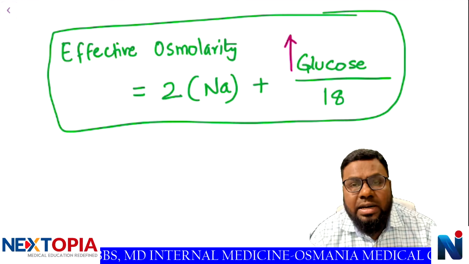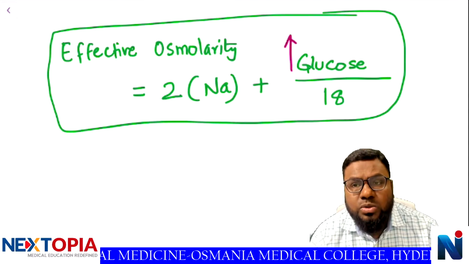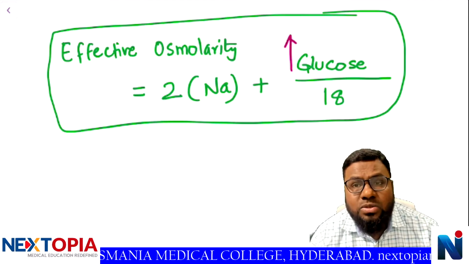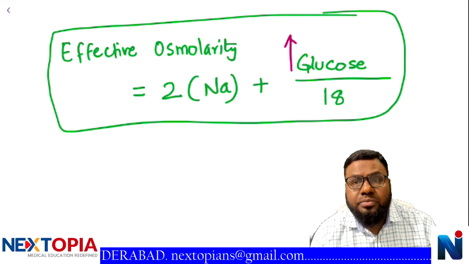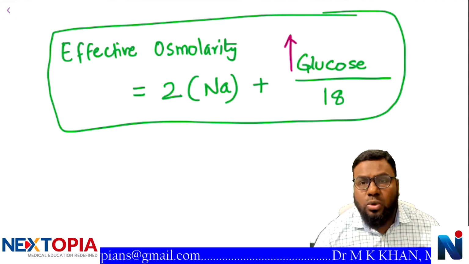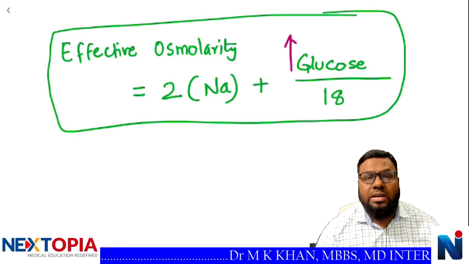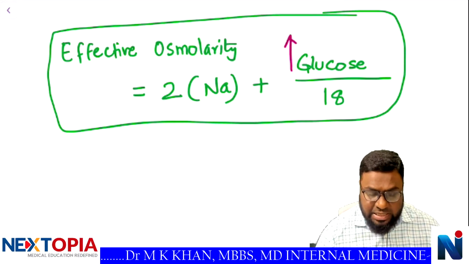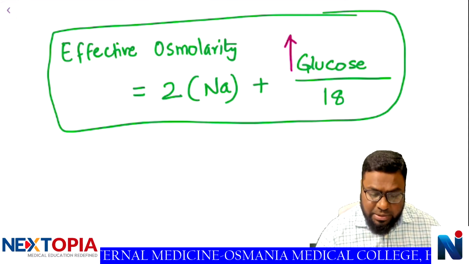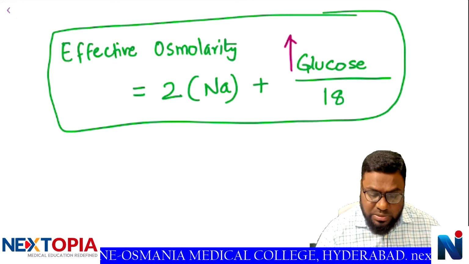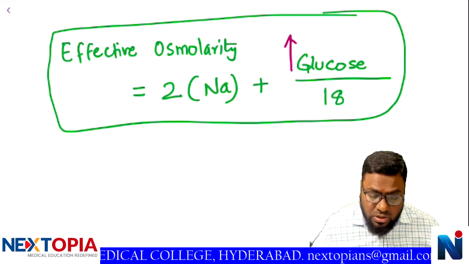Is it not? In diabetes, glucose levels are more, so osmolarity is 2 times the sodium concentration plus glucose. Now this formula sometimes may mislead in case of diabetes mellitus because of increased glucose concentration.